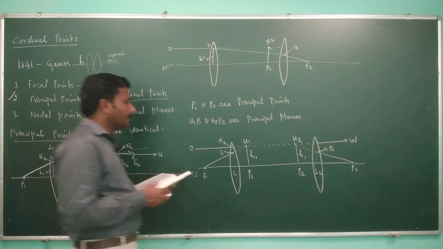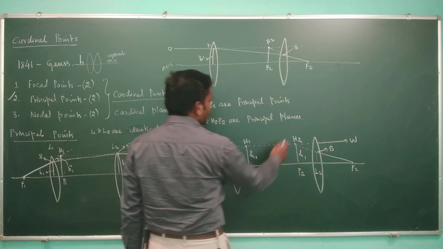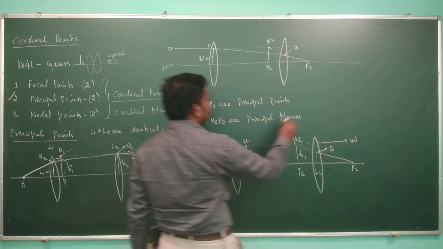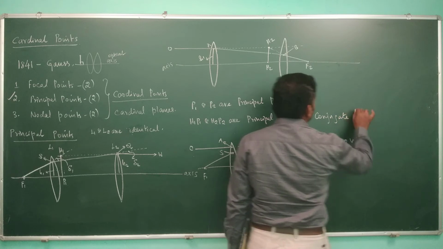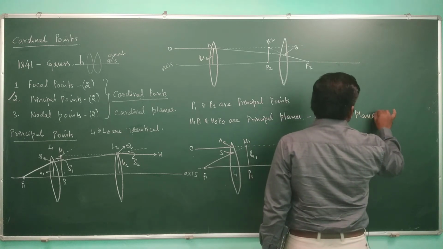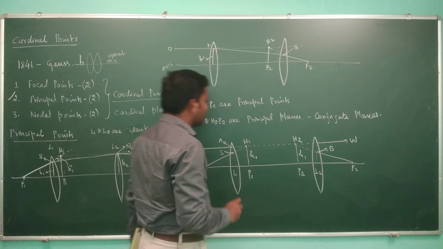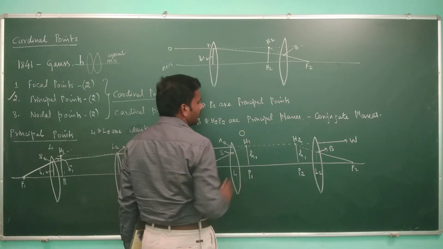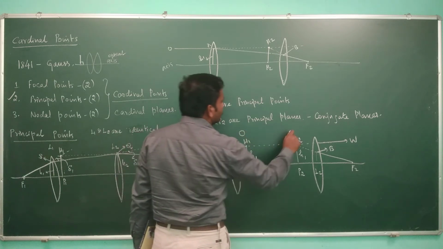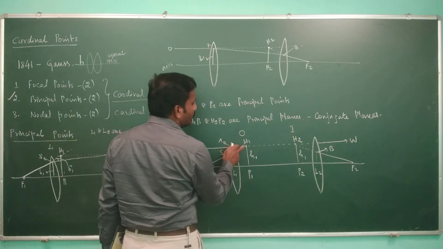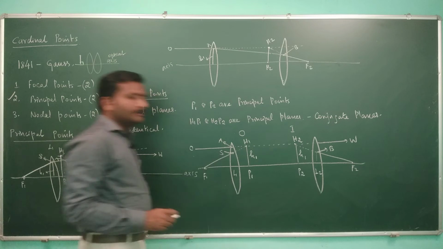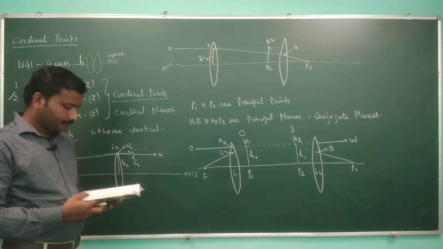Here these planes H1P1 and H2P2 are principal planes, which are called conjugate planes. Conjugate planes means if an object is located at H1, then its image will appear at H2.